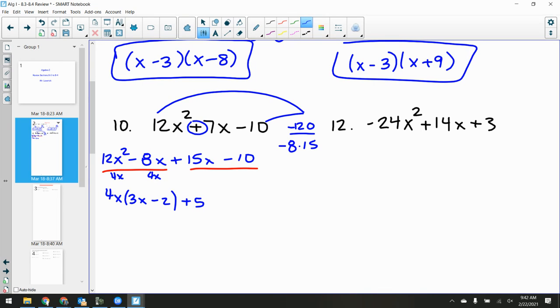Remember, it's positive because this is positive as well, right? If that were negative, then we'd pull out the negative, but it's not. So we divide out the 5. We are left with a 3x minus 2. Remember that is the key there. That's the important piece. If that doesn't happen, it's either prime or you've done something wrong. So the answer should be 3x minus 2.